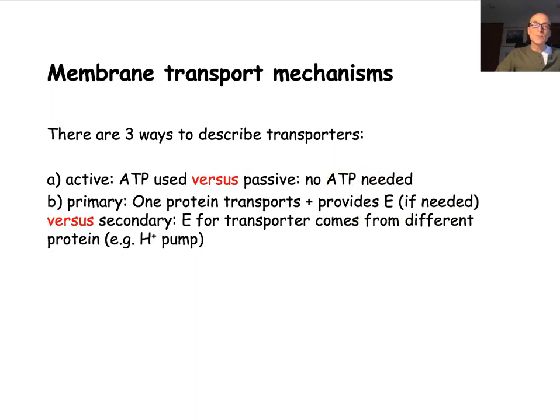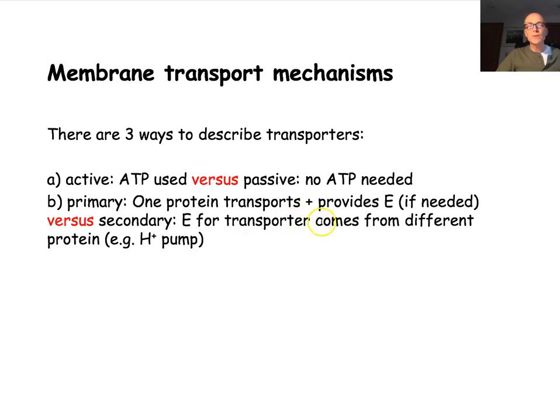And then the question is: is it primary transport or secondary transport? In primary transport, you have one protein that transports and provides energy if that is required. In secondary transport, the energy is uncoupled from the transporting.